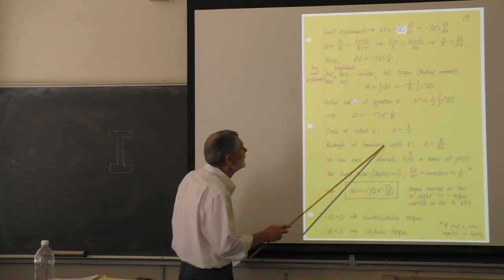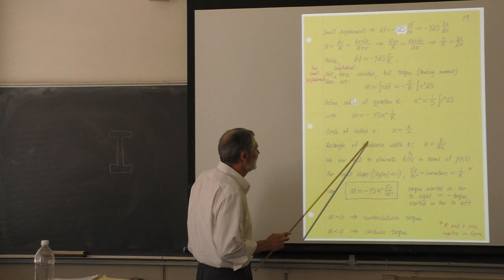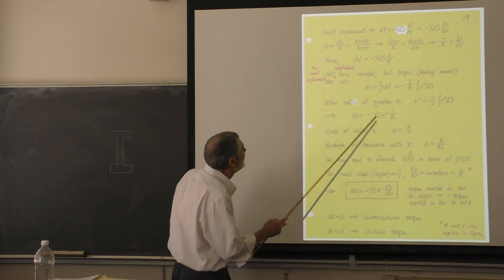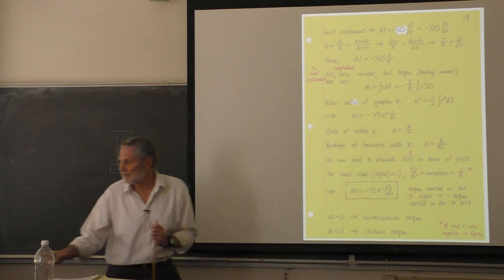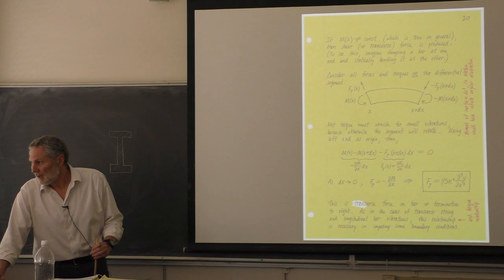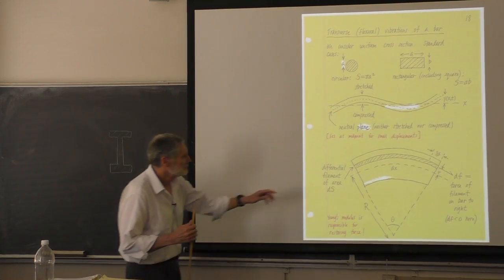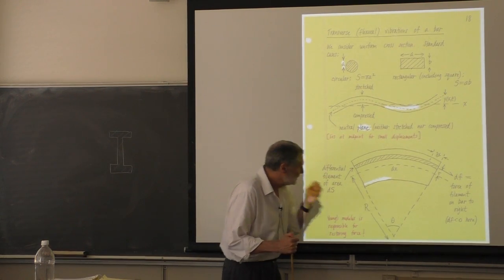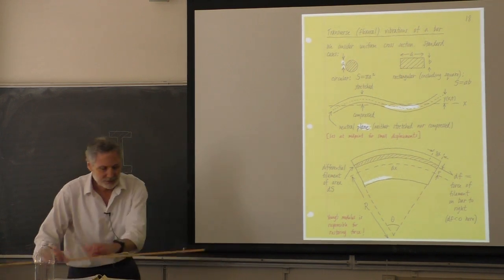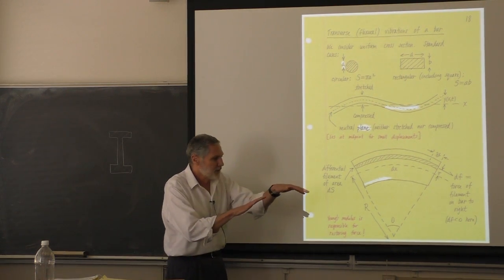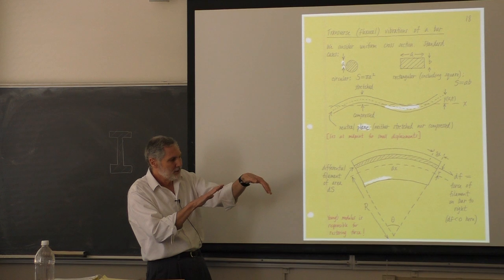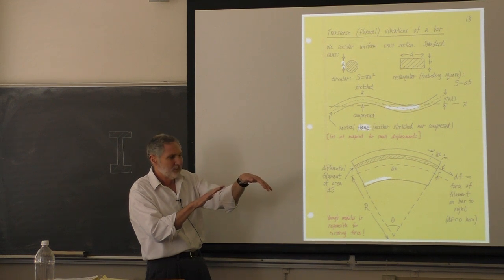Okay, so back to our calculation here. You'll notice we have this R floating around, and we've got to get rid of it. What this is, incidentally, is much more general than this bar.